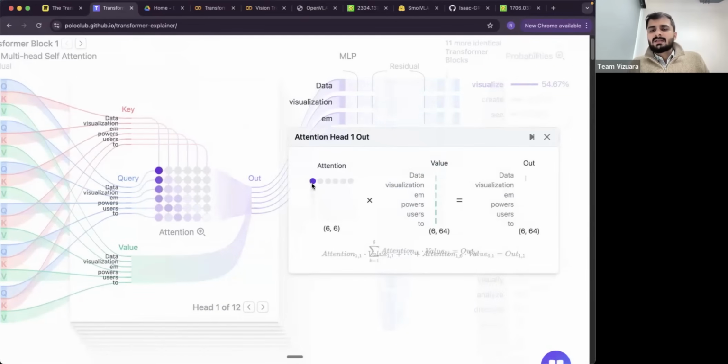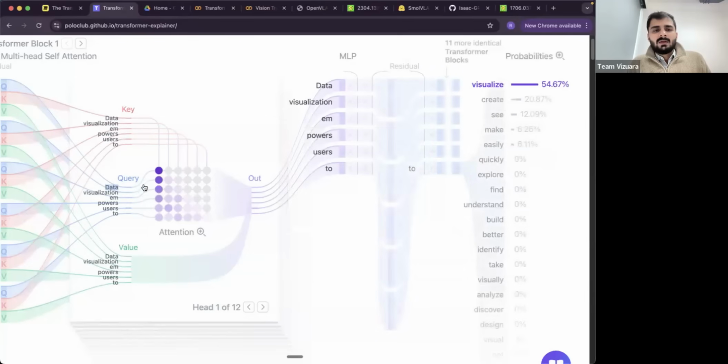The attention matrix, which appears over here, multiplies with the value vectors to get the context vectors at the end of it. So what's internally happening is, let's consider the query data. You are taking this attention score and you are multiplying it by the value of data.